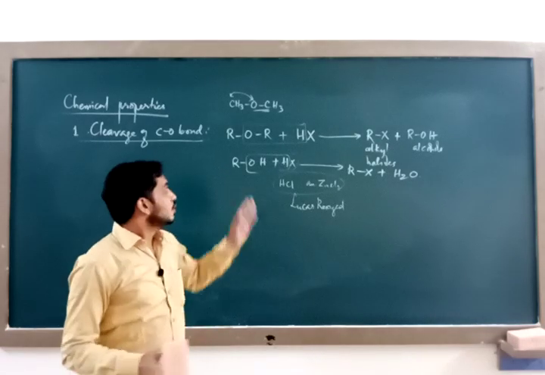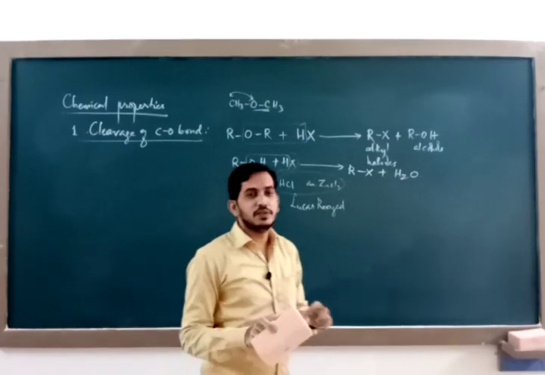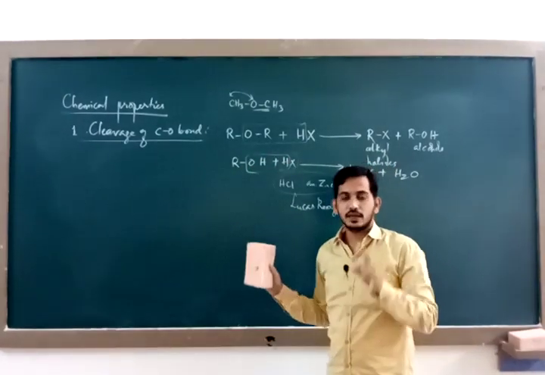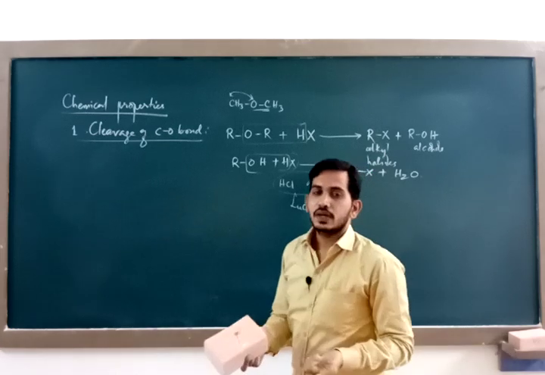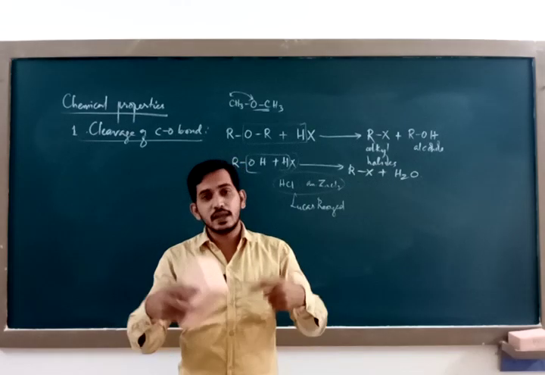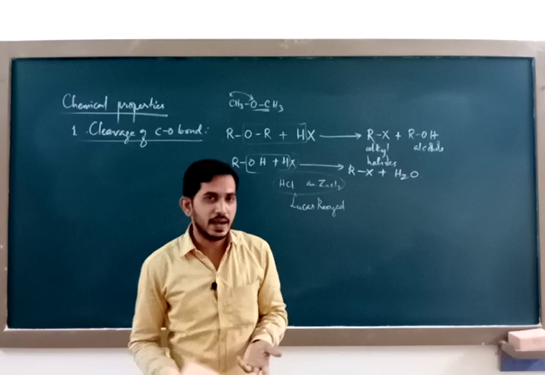So remember, whenever ethers are reacted with hydrogen halide, the bond between carbon and oxygen breaks to give you alkyl halide in the first step. In the second step, the byproduct of the first step, that is alcohol, again reacts with hydrogen halide to give you a second molecule of alkyl halide.